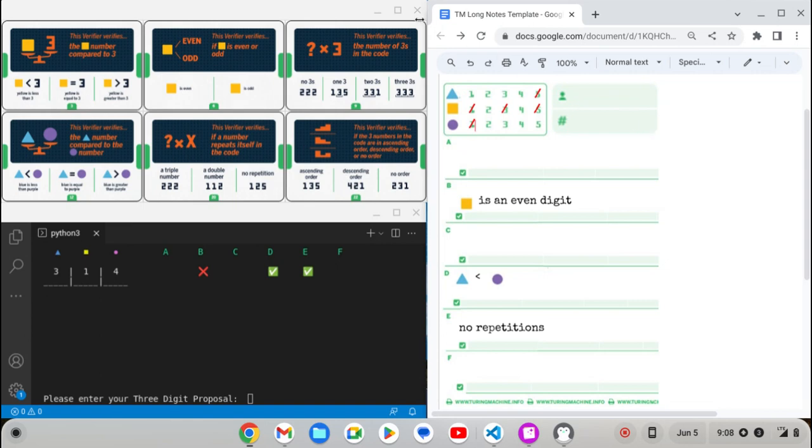Could there be 2 3s and it's like 3 2 3 or 3 4 3? Okay, never mind. No, so it can't be. I'm glad I said that, because obviously they can't both be 3s, because we've already established a triangle has to be less than circle. So that means that either there is a 3 or there isn't. There's no way for there to be 2 of them. So it's either there or not.